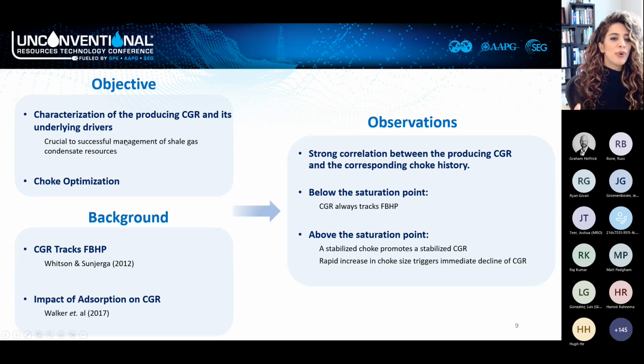In the process of studying these CGR curves, as I mentioned before, we learned that the CGR trends have a very strong correlation with the history of choke, which also provided us with a lot of learning and background for us to come up with a new optimized choke strategy. That was the second objective of this study.